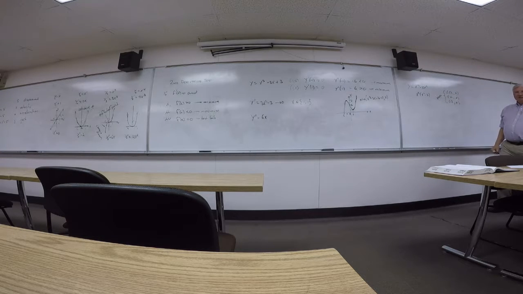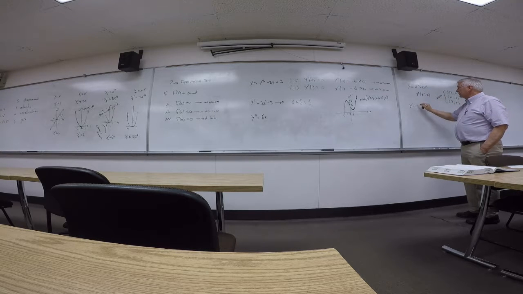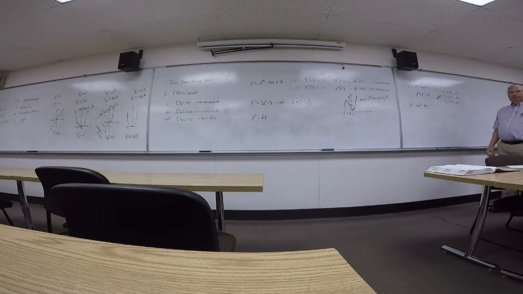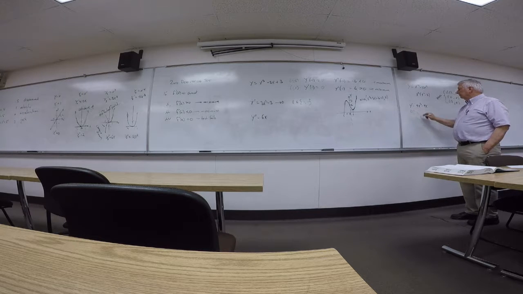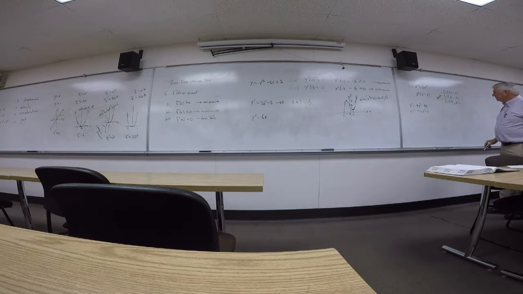Let's go and find the derivative. Y prime is 4x cubed minus 4x. Set this equal to 0, solve it. We have 4x times x squared minus 1. Well, that gives us that the slope equals 0 at these points.